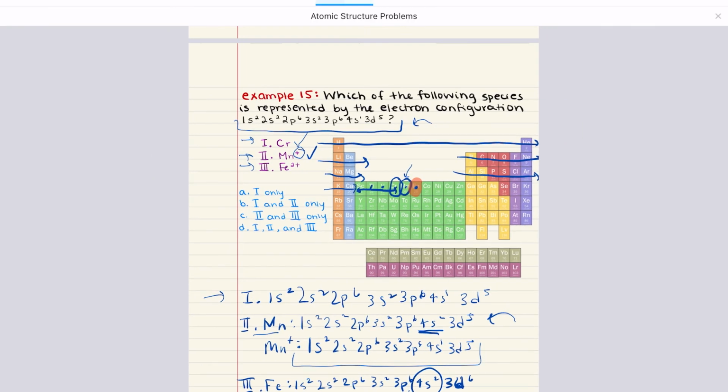This doesn't match with the electron configuration provided in the question stem. So statement 3 is incorrect. Only 1 and 2 have the same electron configuration as provided by the question. And so the correct answer here for problem 15 is going to be answer choice B.